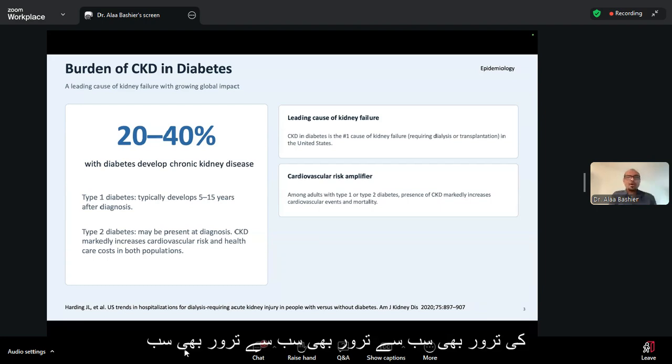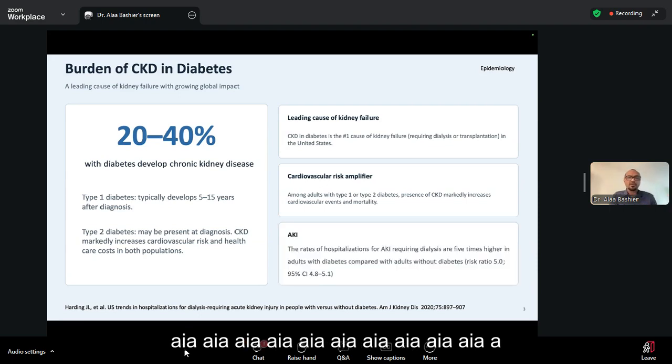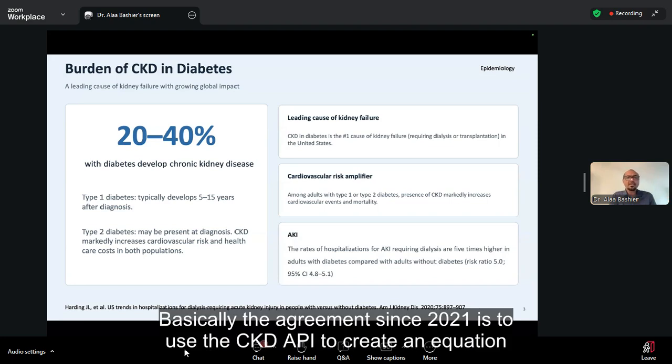Now, how should we measure the eGFR? Should we measure it by cystatin C or the MDRD, or by the CKD-EPI formula?